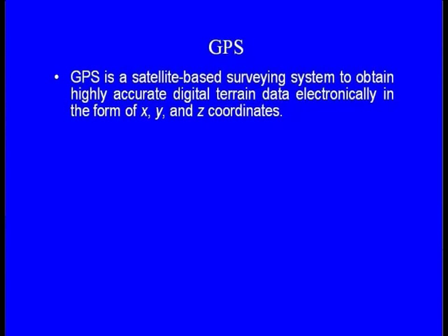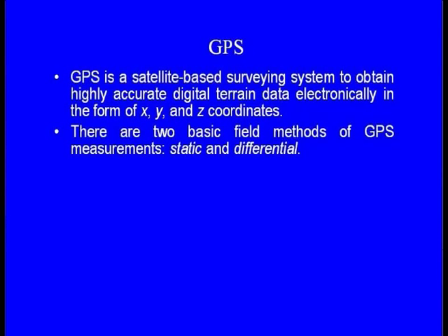The next source from which the data acquisition could be done is the GPS. GPS is a satellite based surveying system to obtain highly accurate digital terrain data electronically in the form of x, y and z coordinates.